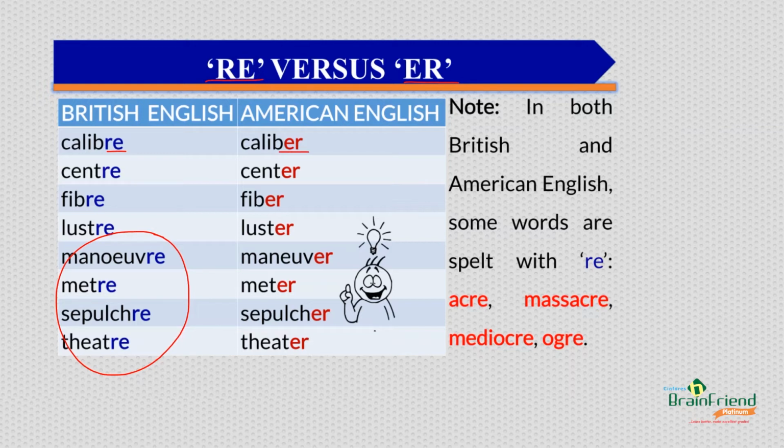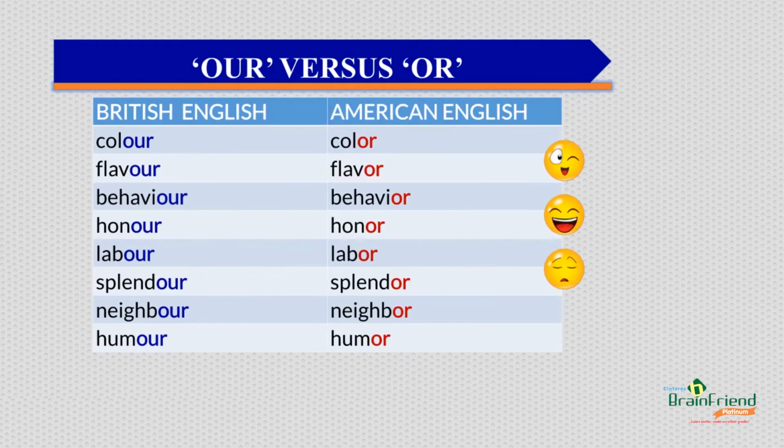But note that in both British and American English, some words are spelled ending with RE. Words like acre, massacre, mediocre, and ogre.